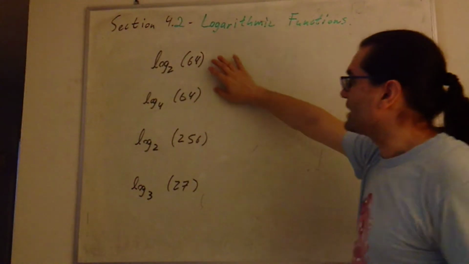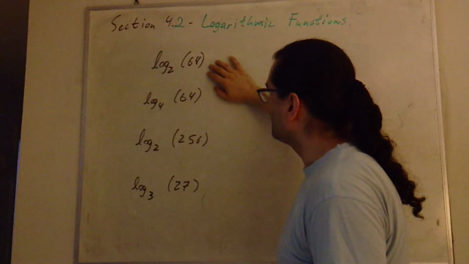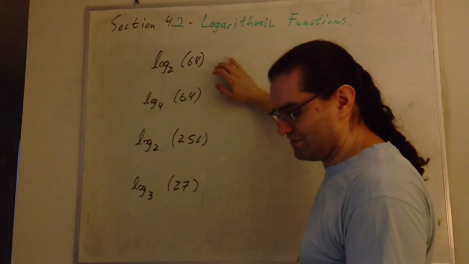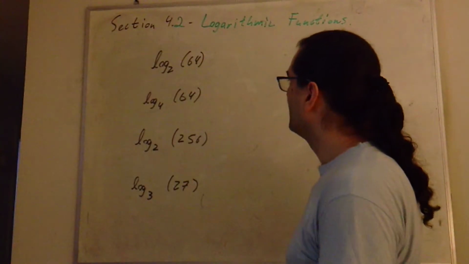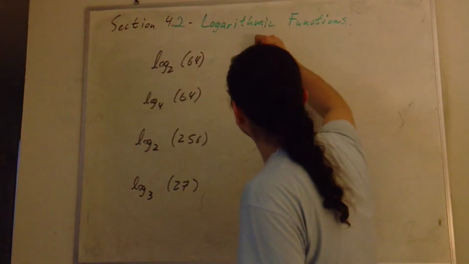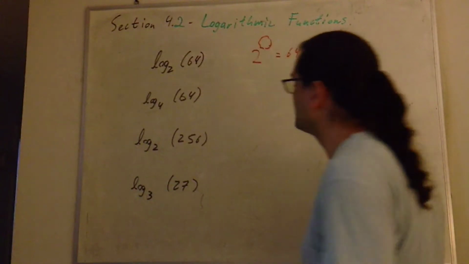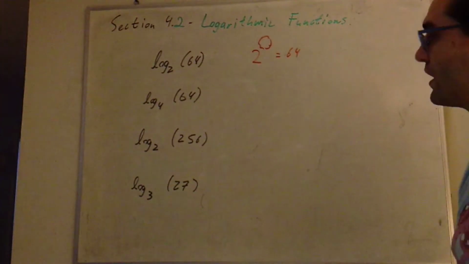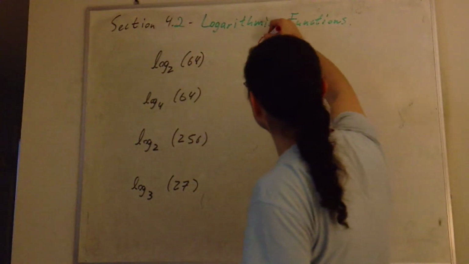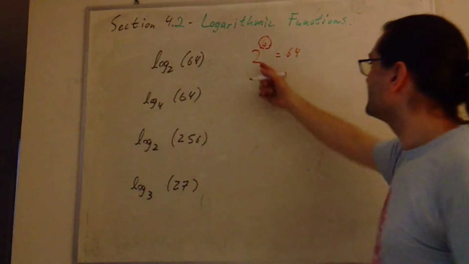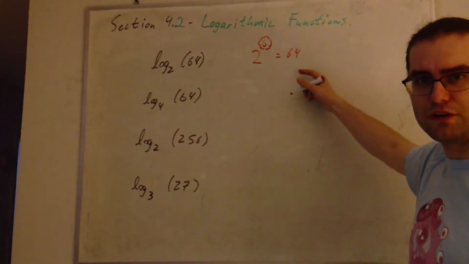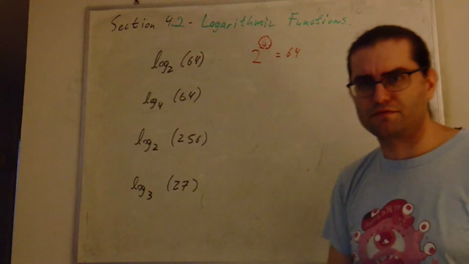This question is asking, what exponent can you put on top of 2 to get 64? So 2 to what power gives you 64? The answer is 6. 6 2's multiplied together will give you 64. You can kind of count up by 2's.